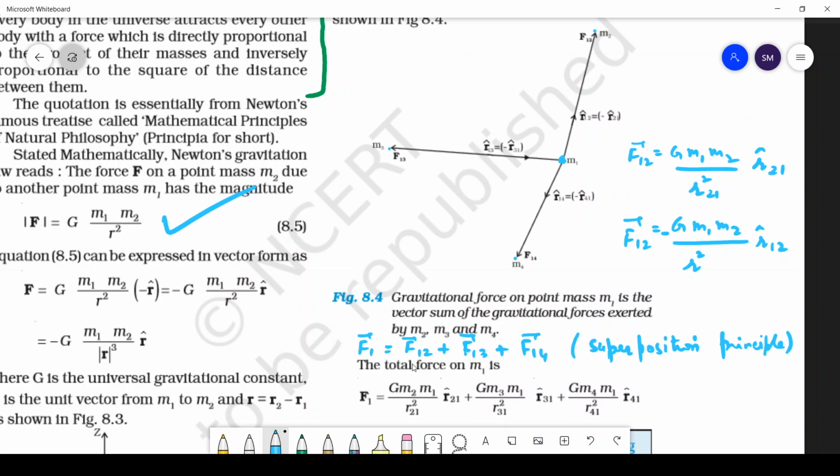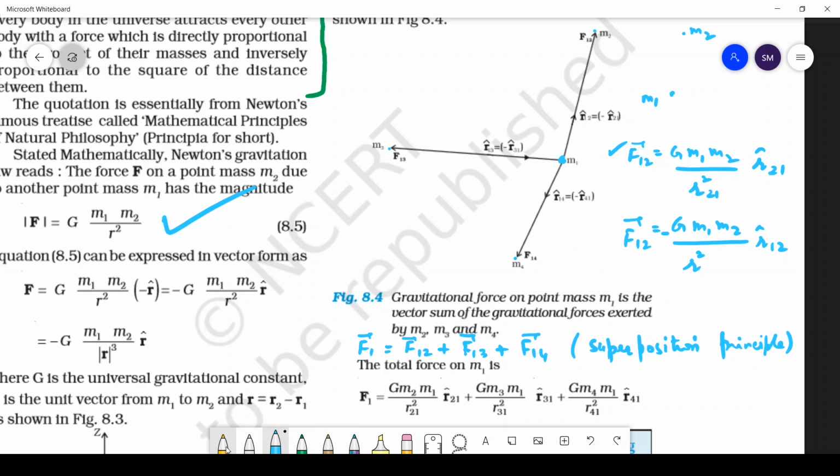So here we are writing F this way, the positive way. F12 is equal to, with R21 here, so it will be positive. How is it so? Suppose this is your M1 and this is your M2.